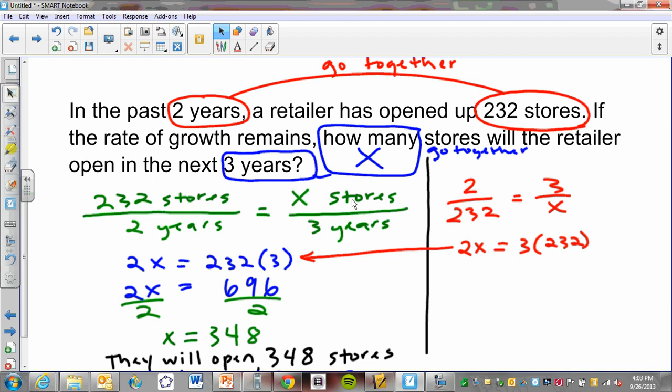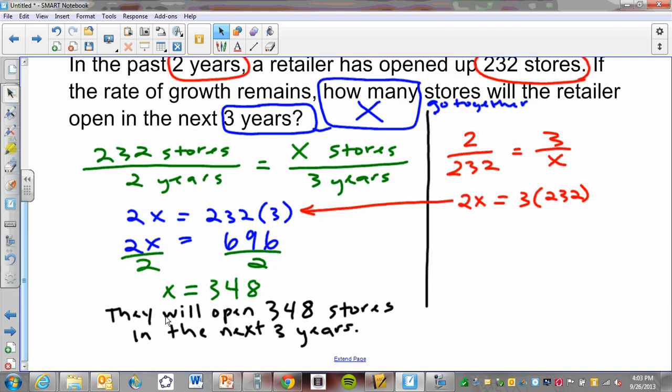When we cross multiply, then divide, 232 times 3, we'll put it on this side so our variable can stay over here, 2 times x over here. 232 times 3, you get 696, and 2x over here. Now we just have a one-step equation. Divide by 2, x equals 348, so your answer should read, they will open 348 stores in the next 3 years.